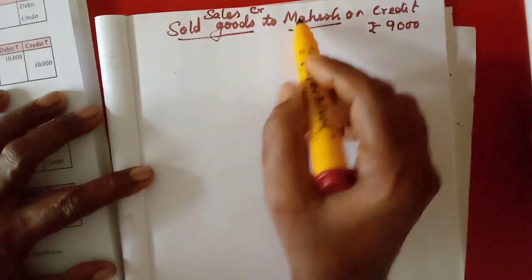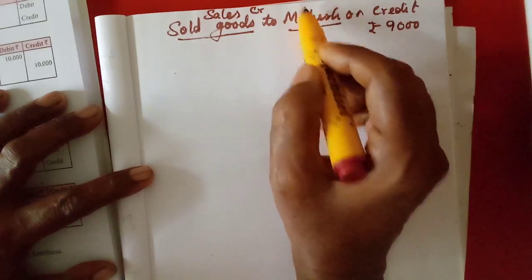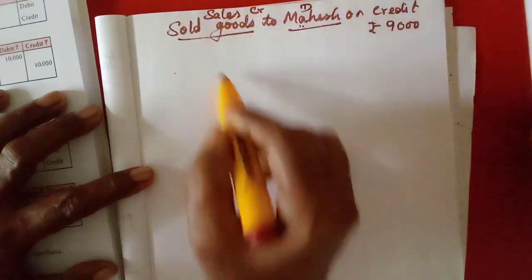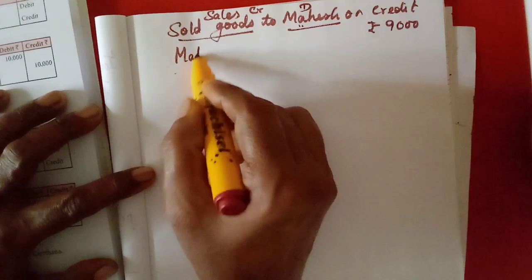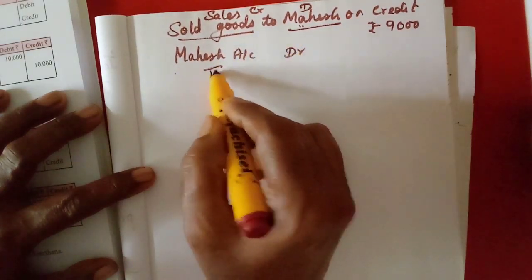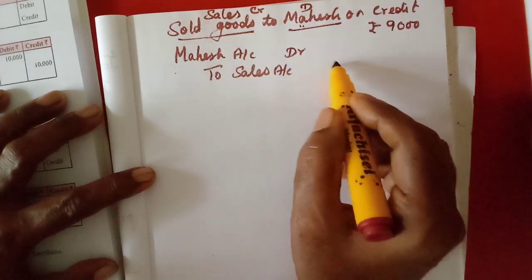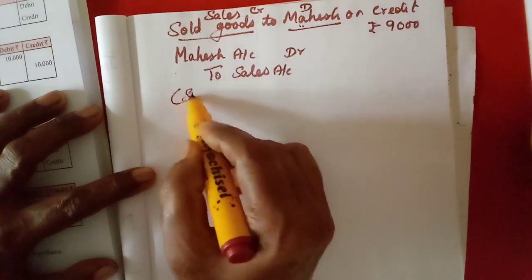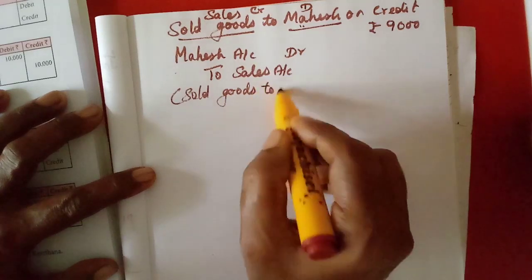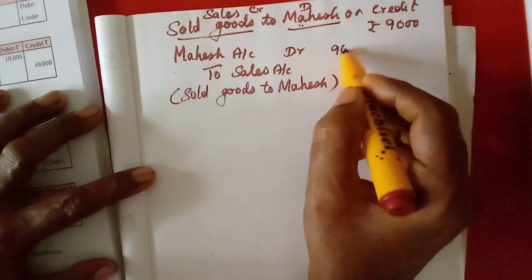Mahesh we are selling. He is the receiver, so personal account, isn't it? Receiver we need to debit. So what is the entry? Mahesh account debtor to sales account. Then narration: sold goods to Mahesh, 9,000.